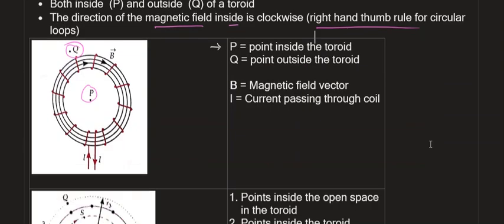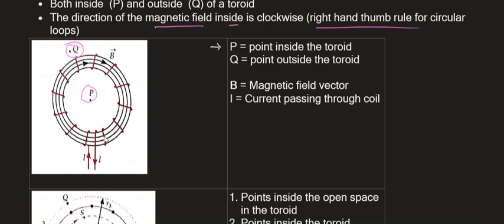Now let us look at this toroid. Internally we have some points, represented by P, and external points Q, that is outside the toroid.